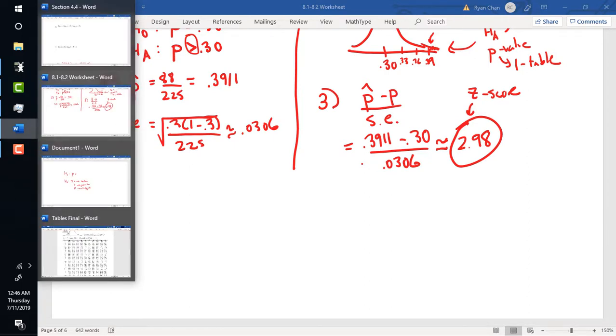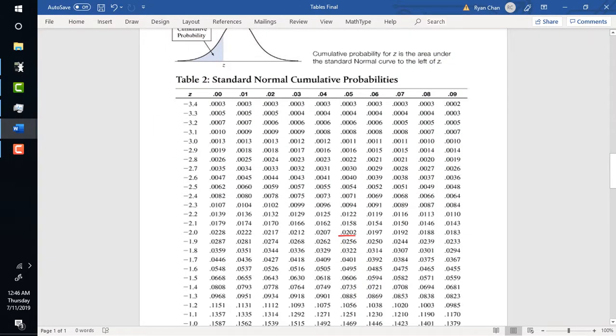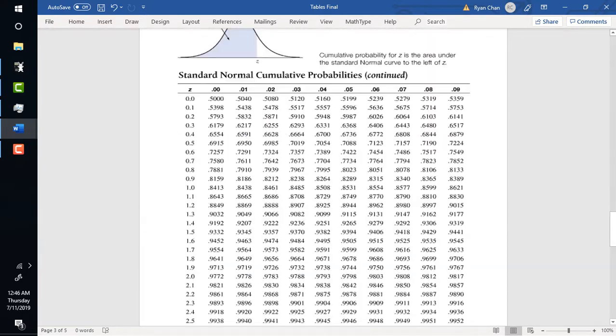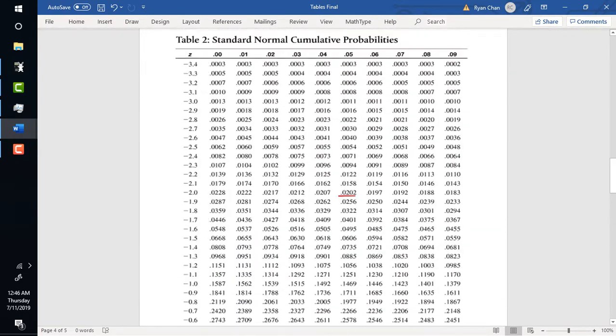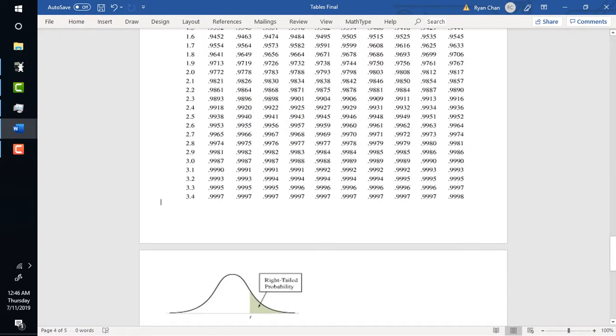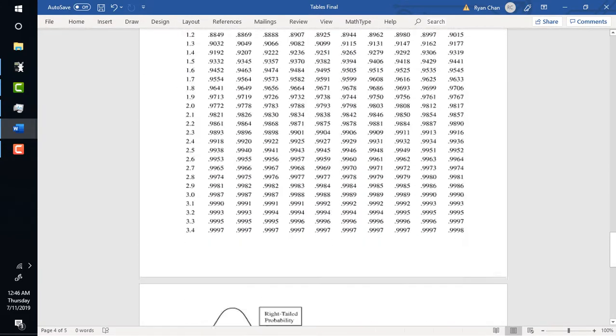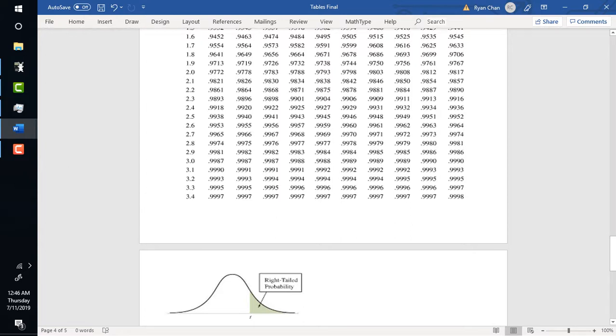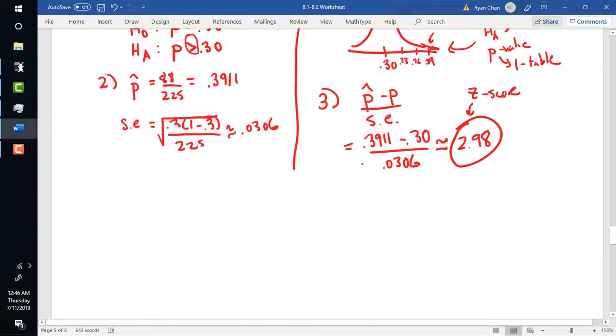So let's go to my z-score. 2.98, according to my table, it is 0.9986. It's this one right here. Okay.